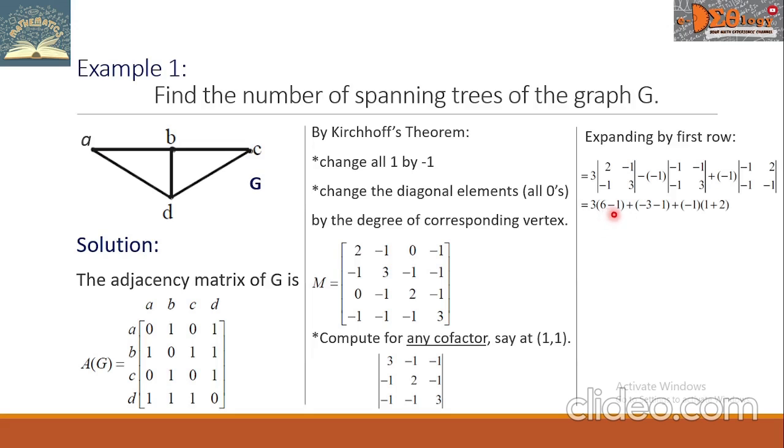The 6 minus 1 is 5, times 3 is 15. -3 minus 1 is -4. -1 times 1 plus 2, we will have -3. Then the final answer is 8. It means there are 8 spanning trees for the graph G. We're going to draw the spanning trees of this graph in the next problem.